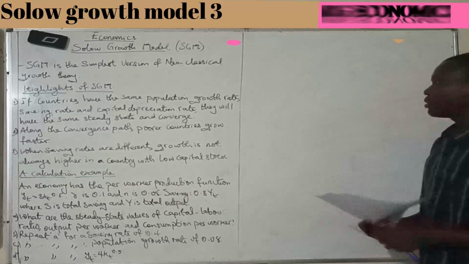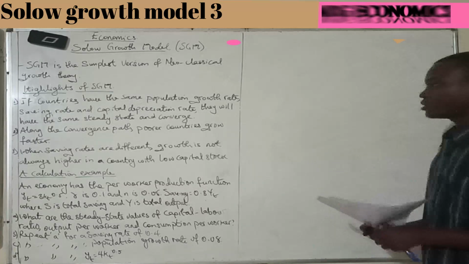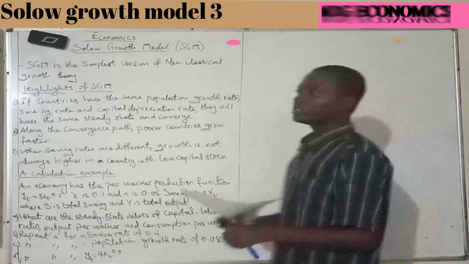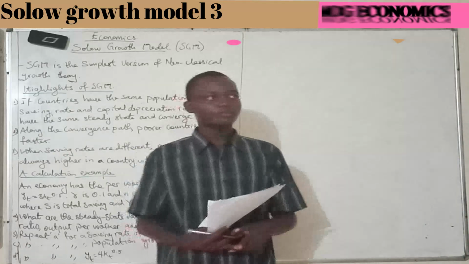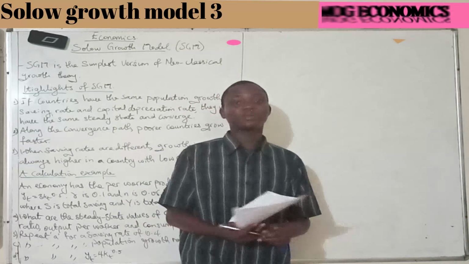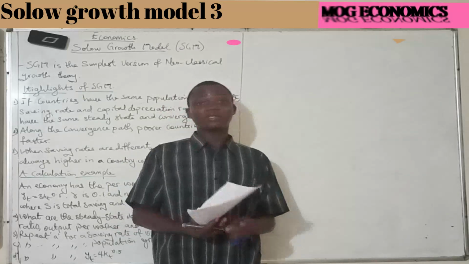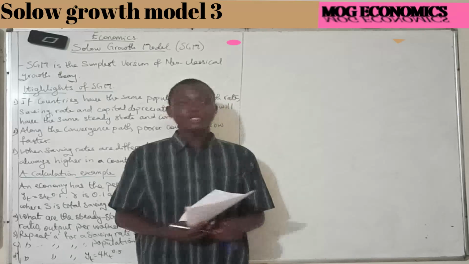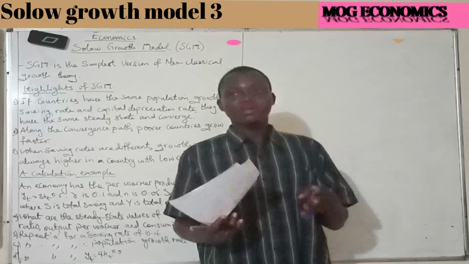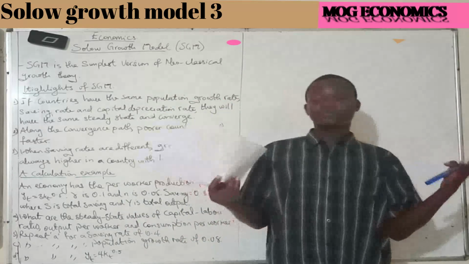Now, along the convergence path, poorer countries grow faster. The reason for this is that for a country like Nigeria that's still developing, and a country like the United States or Malaysia that is developed, Malaysia is already very developed.